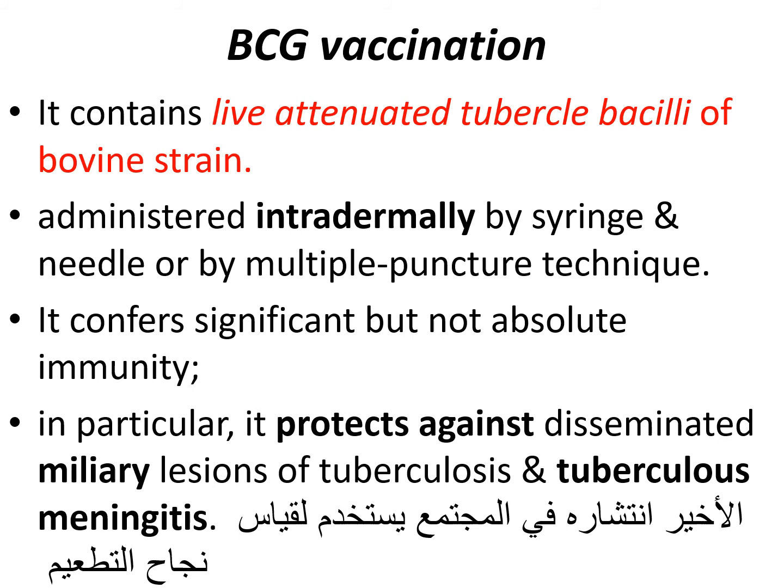It is given not only to protect against TB, but to protect against disseminated miliary lesions of tuberculosis and tuberculous meningitis. And tuberculous meningitis is used to measure the success of BCG in the community.